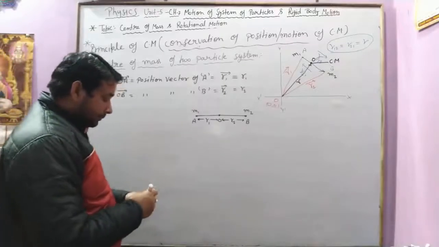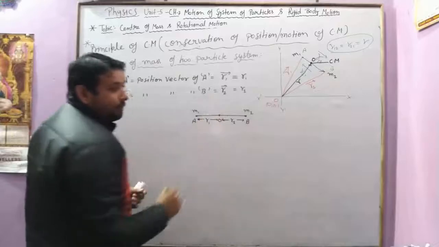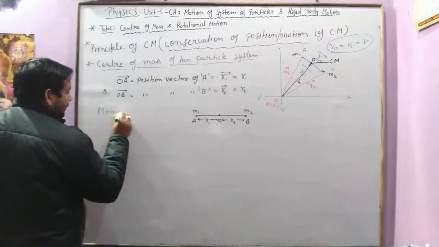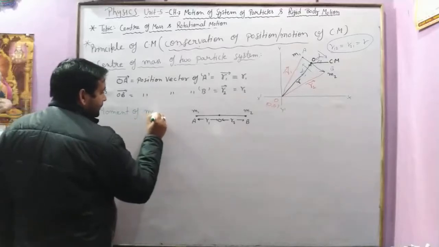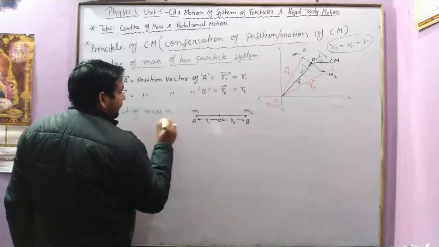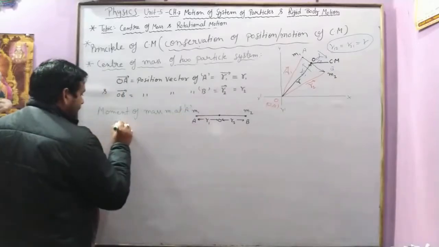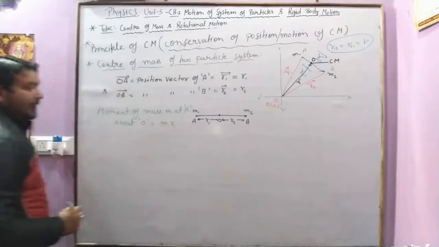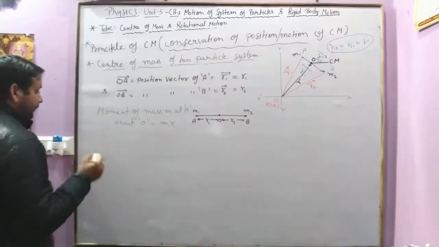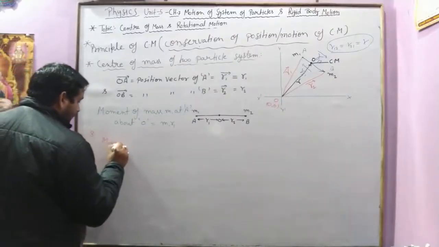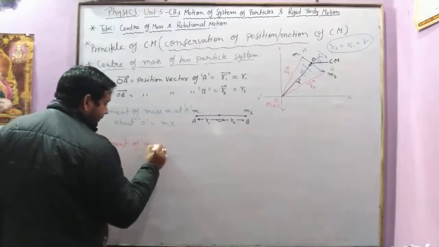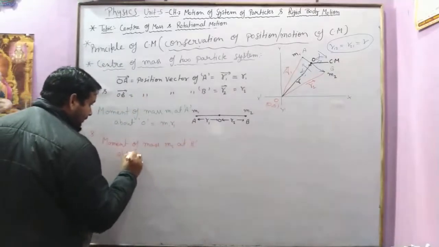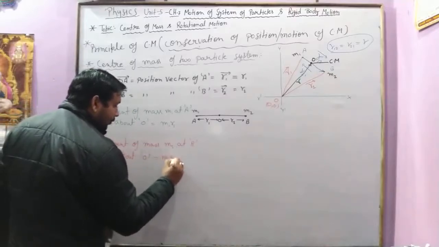Therefore, the total moment of mass about O: the moment of mass m1 at A about O is m1 into r1, as we discussed in the previous class, and the moment of mass m2 at B about O is m2 r2.